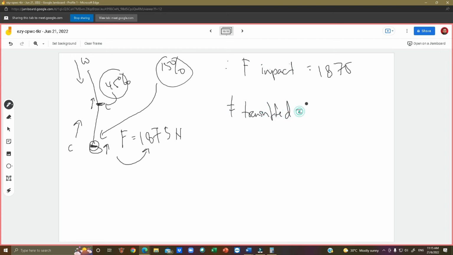It will be force of impact, okay, minus force of impact timeskan dengan reduction. Oh, terlajak. Reduction. Also it will be 1875 minuskan dengan 1875 times 0.6. Kenapa 0.6? Campur dulu. Dapatlah 60%. So the answer is equals to force transmitted.